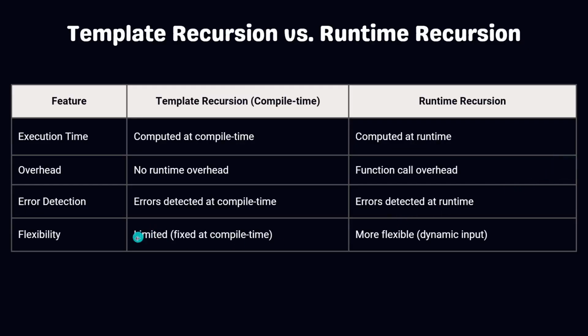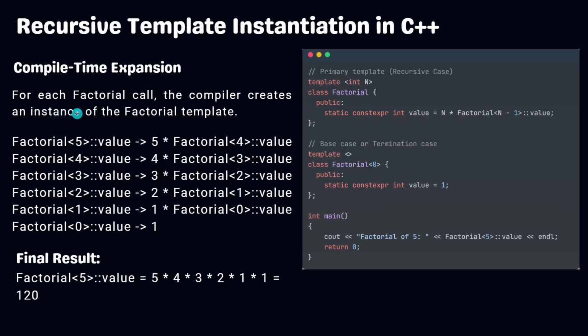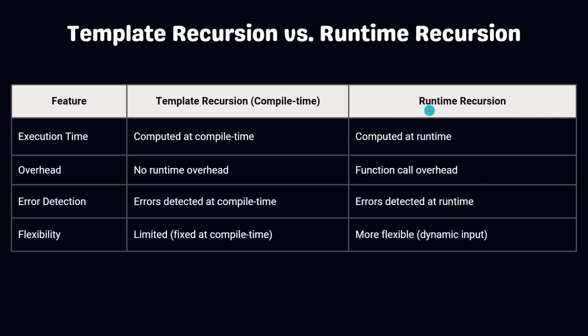There is a basic difference we can identify between recursive template instantiation and a regular recursive function. Let's discuss that: template recursion versus runtime recursion. Template recursion happens during compile time, as I discussed, while normal recursion works during runtime.